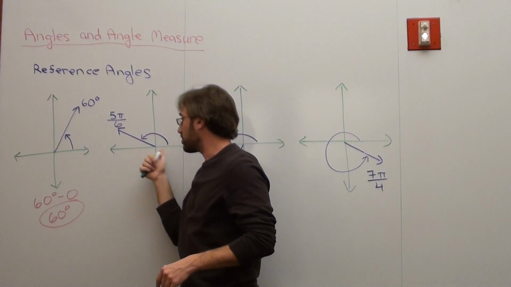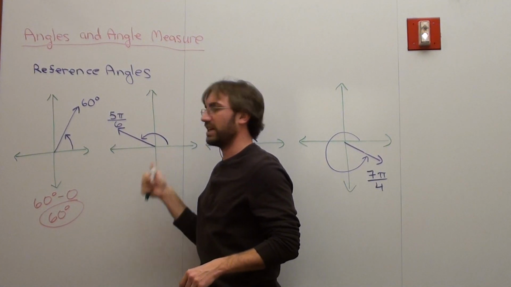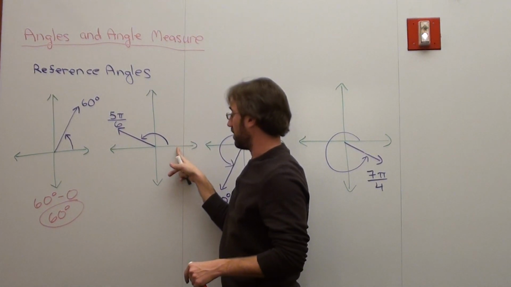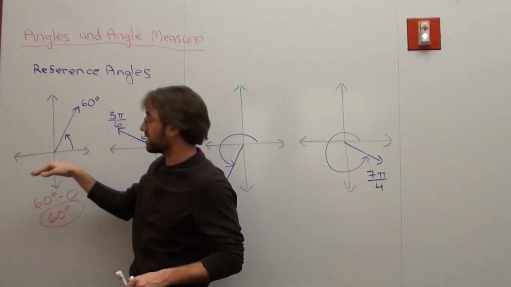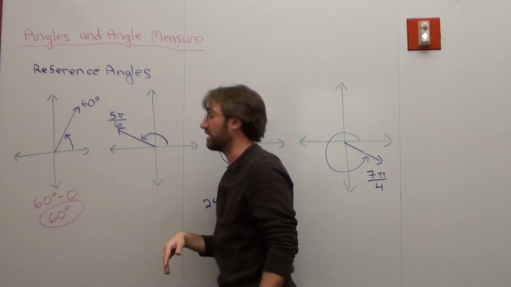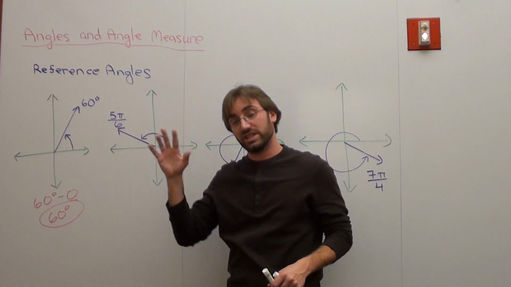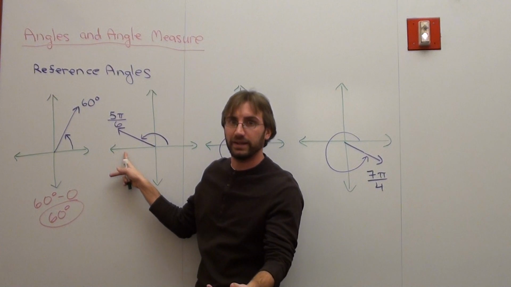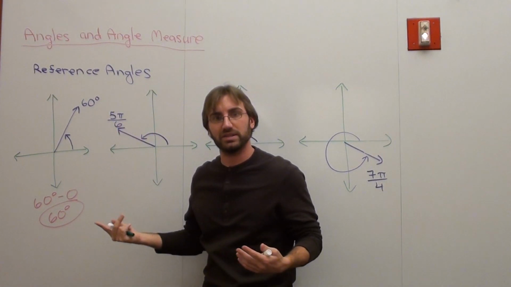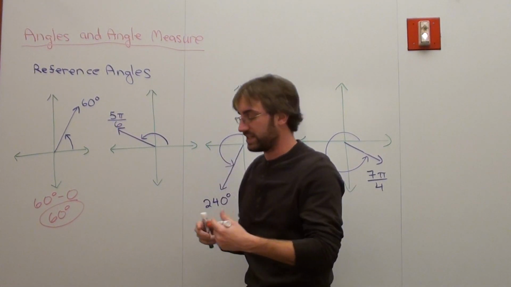Now, how far is this angle from the x-axis? We don't actually go from here because it could be the negative aspect of the x-axis or it could be the positive aspect of the x-axis. Now, when it's in the second quadrant, if it were degrees, we do 180. But it's not in degrees, it's in radians. And in terms of radians, what it is, it's pi.